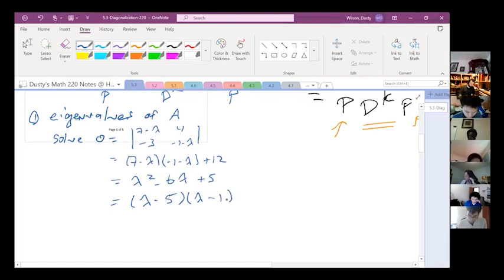So I have 0 equals all of this. So this tells me that lambda equals 1 and 5. Thumbs up.